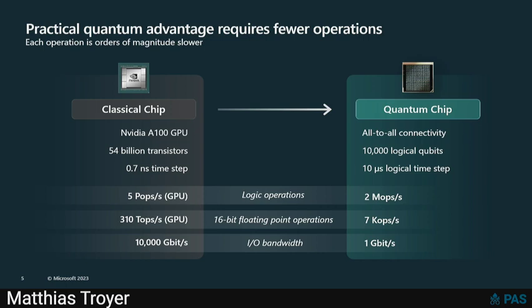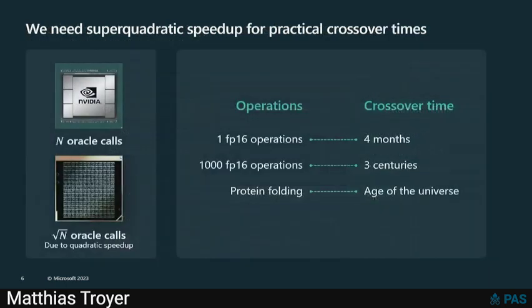And they exist, but then what is needed now to really overcome this constant slowdown? It seems a bit scary if you compare 7 kiloops to 300 teraops. And just when you then think through what is needed, for example, for Grover's algorithm with a quadratic speedup, where classically I have to do n calls to an oracle, and quantum mechanically only square root of n calls.